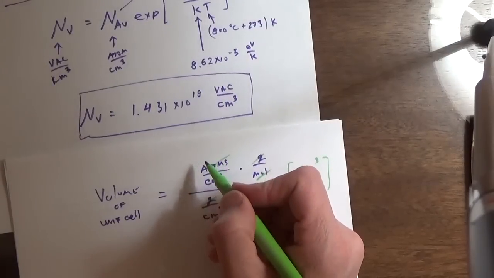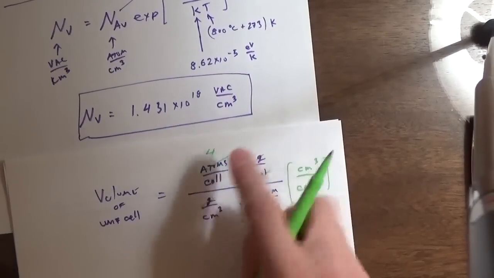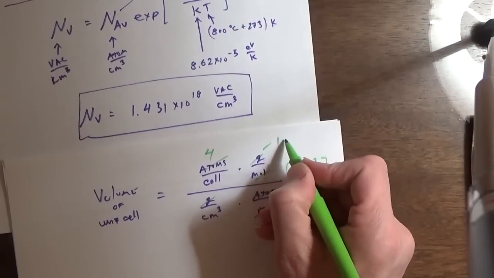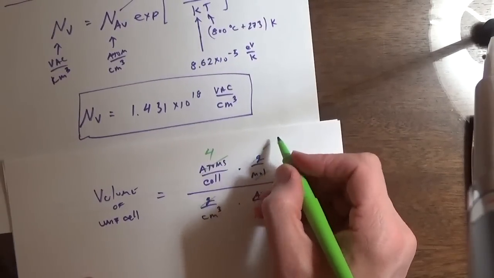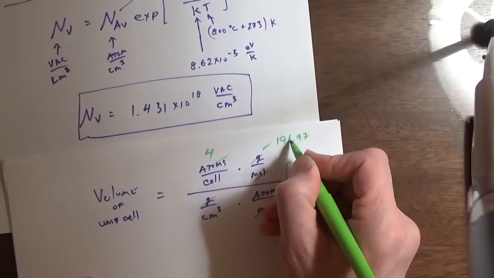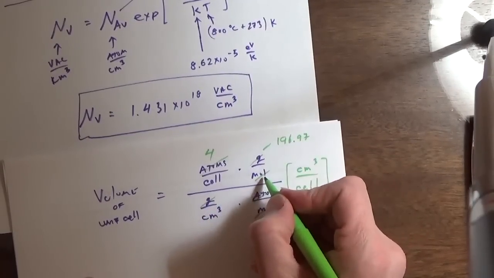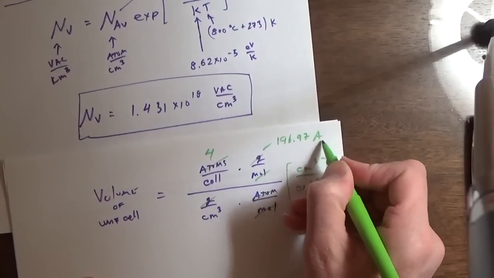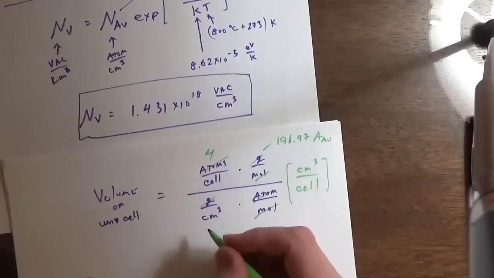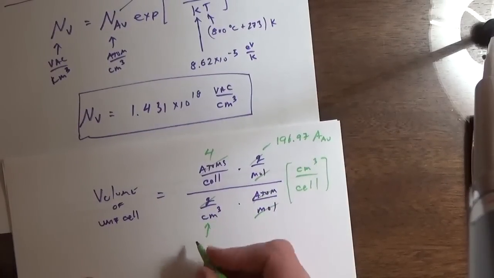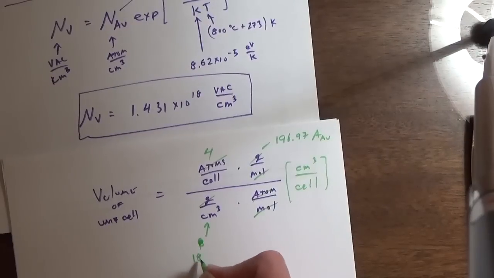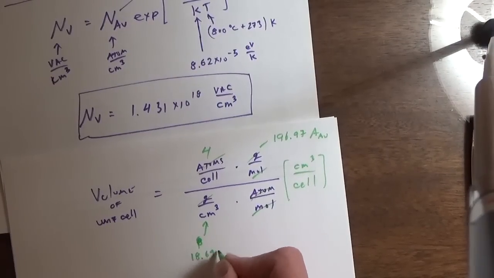So this is 4, we know that. This is 196.97 gram per mole. This is the atomic mass. This is the density, which we calculated to be 18.699.